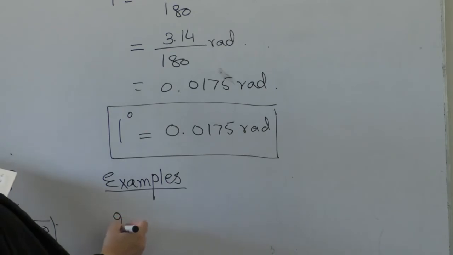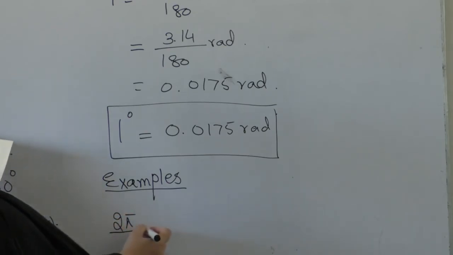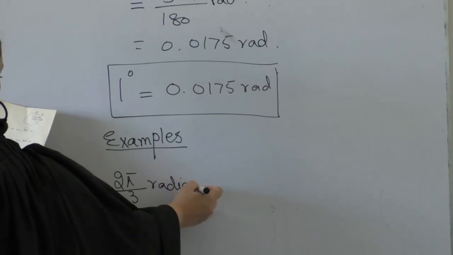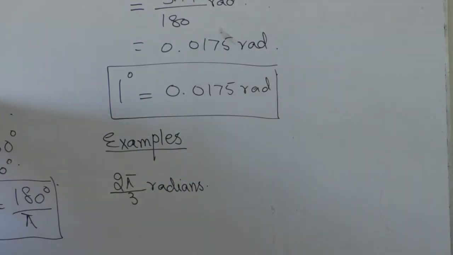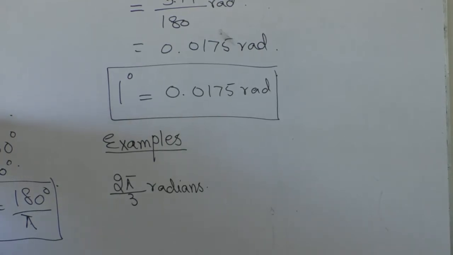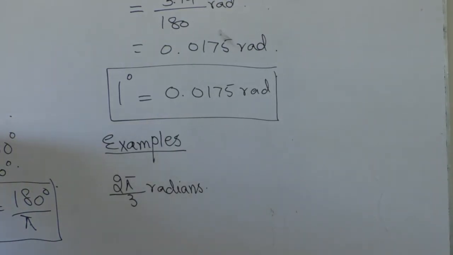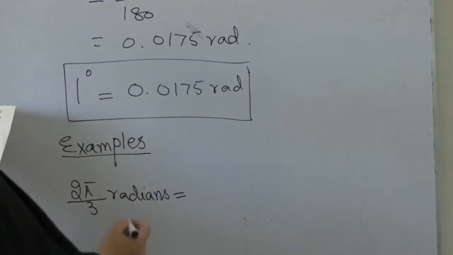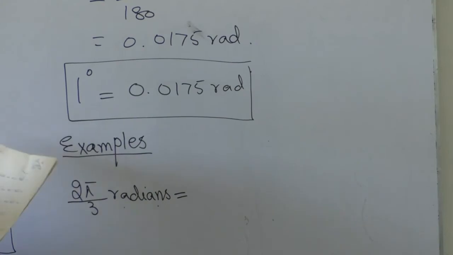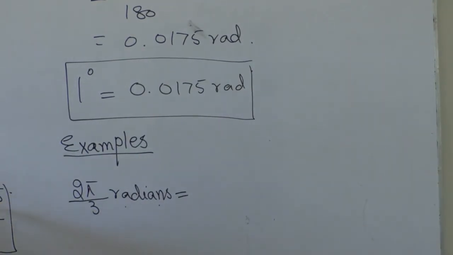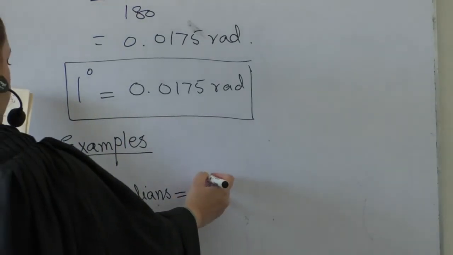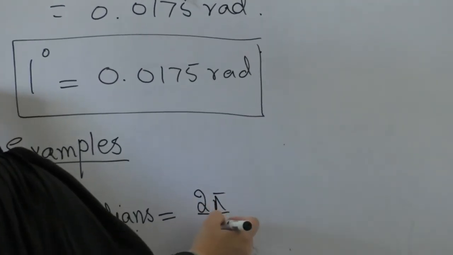First one, 2 pi by 3 radians. To convert it into degree, first, this radian will be converted into 180 by pi. This is the value of 1 radian. 2 pi by 3 remains as it is.